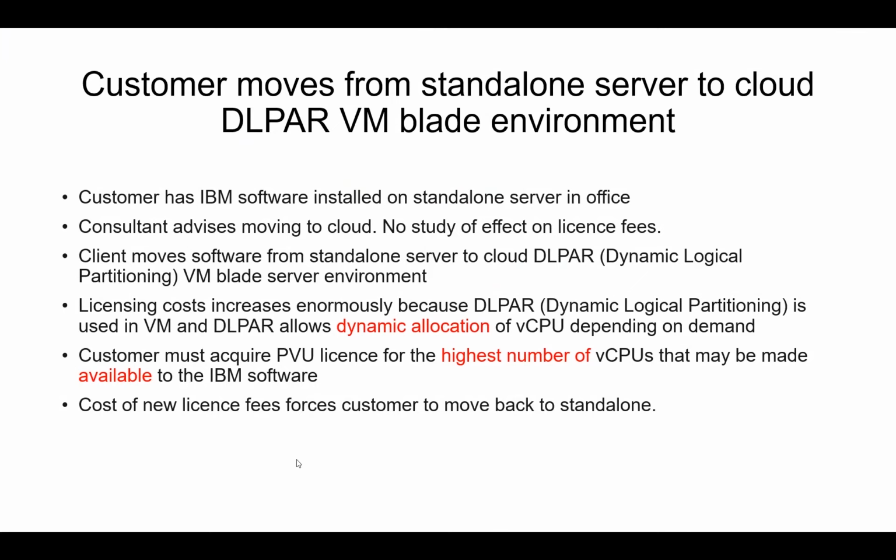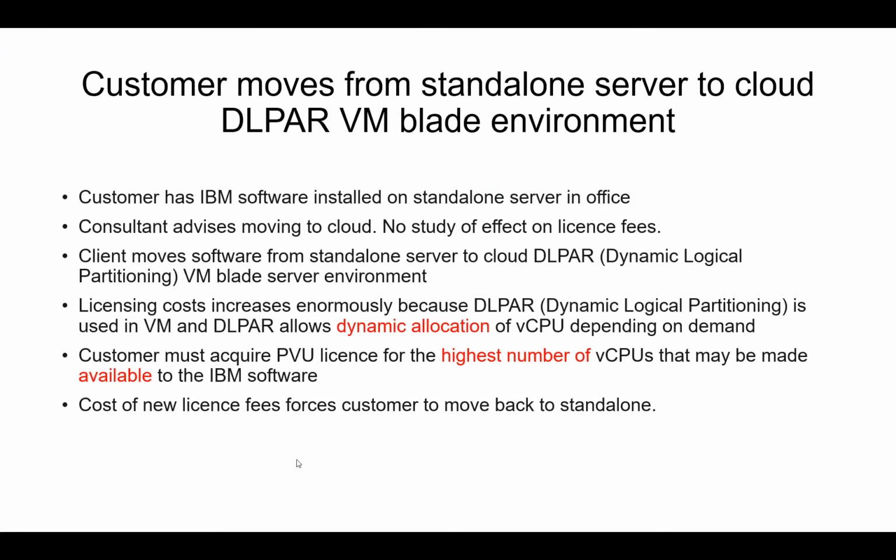Suddenly, the client found himself facing an enormous licensing cost increase because, of course, under the licensing metrics for virtual machines, effectively it's how many vCPUs are maximum made available to the software.